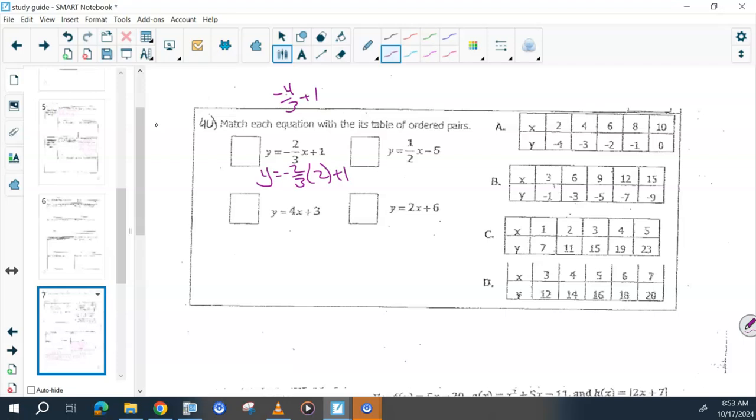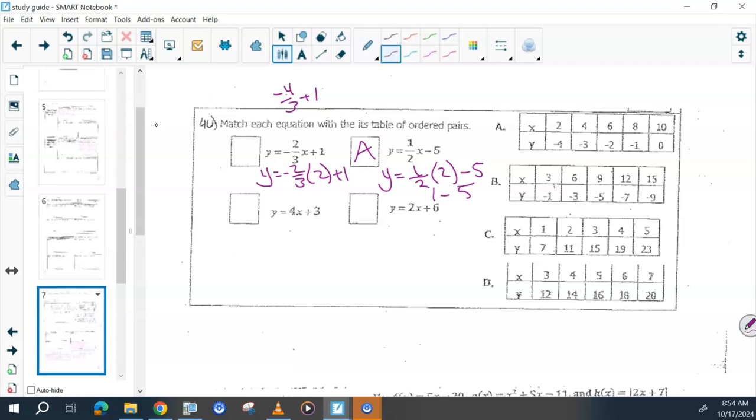Let's try the next one. So then if I try this equation with that same table and I have 1/2 times 2, well that would give me 1. And then 1 minus 5 does give me negative 4, so that one would be A.